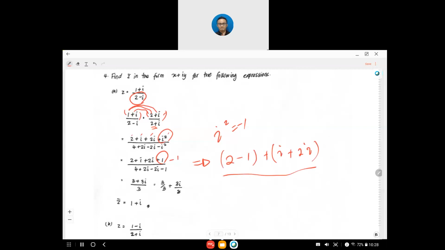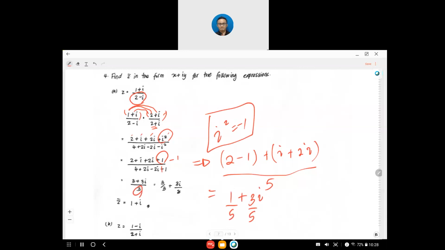I square is negative 1, so negative, negative, supposedly here is positive. So your denominator is supposedly 5, not 3. Make sure i square equals negative 1. So it becomes 1 plus 3i over 5.